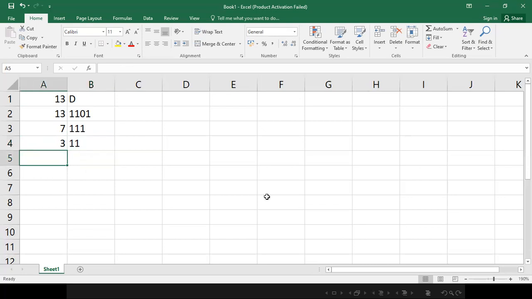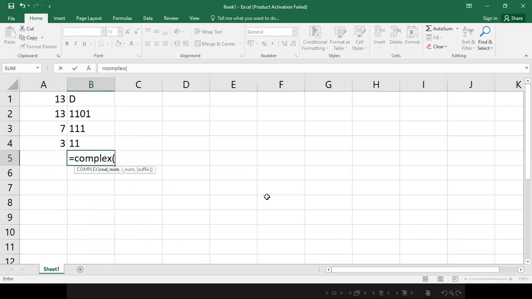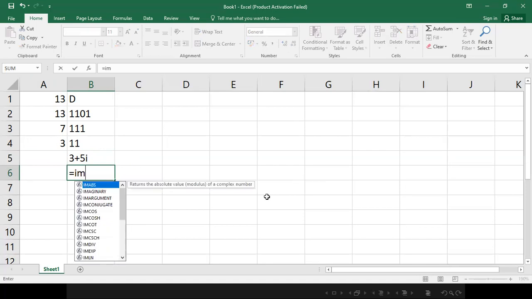Complex. I call complex with 3 comma 5, which is written as 3 plus 5i. Then equals IMABS.